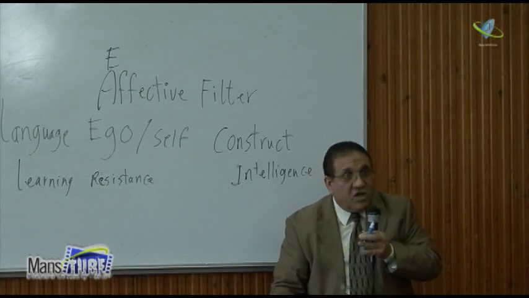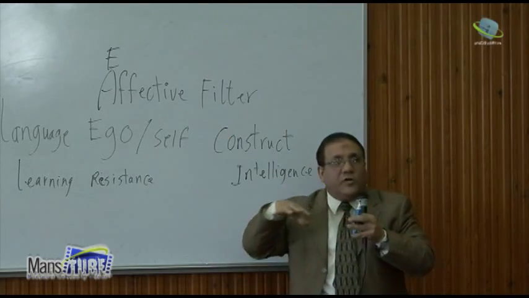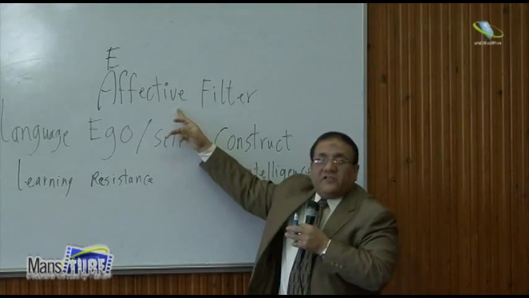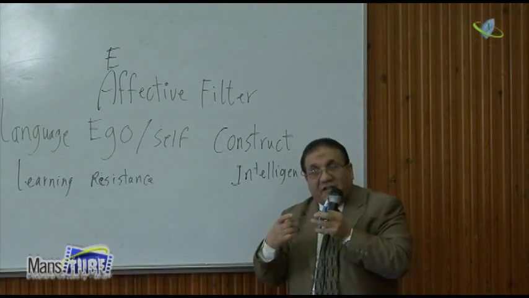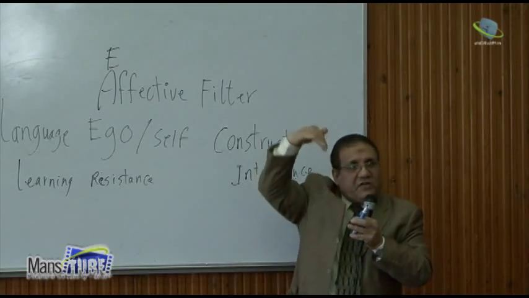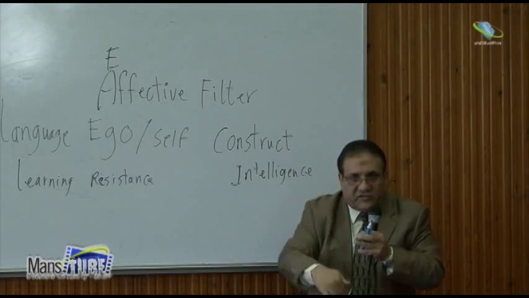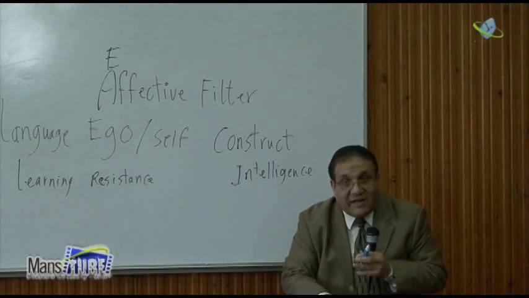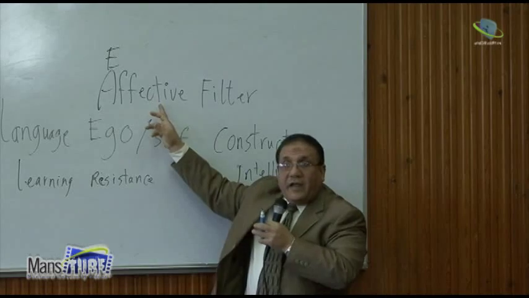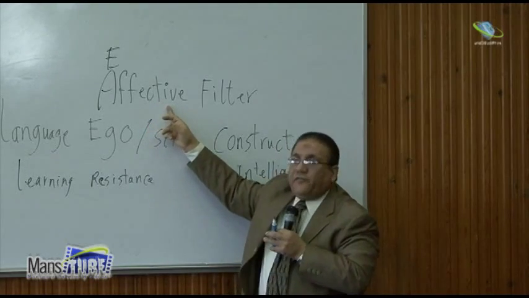You understand? So the same happens when we learn something. We have an affective filter, and if the filter is thick, it will prevent learning from going through it. And if it is thin, learning will go through it very easily and fast. So in every learner, there is an affective filter.